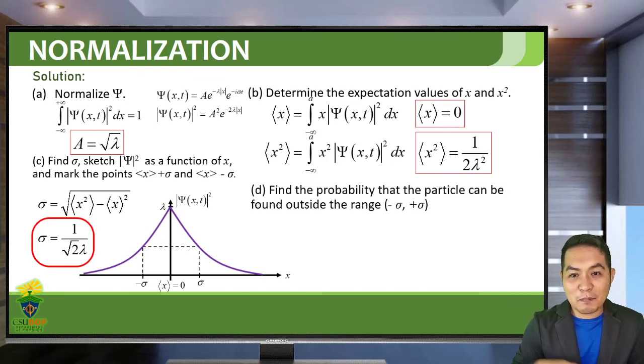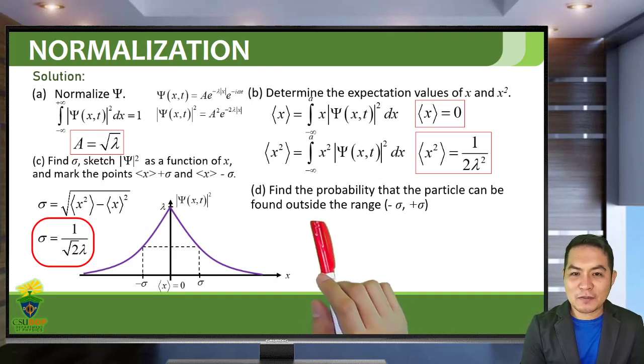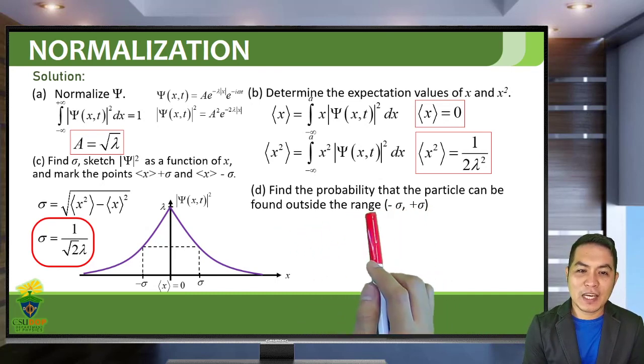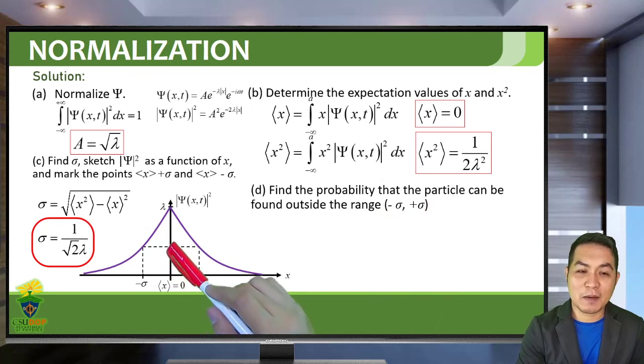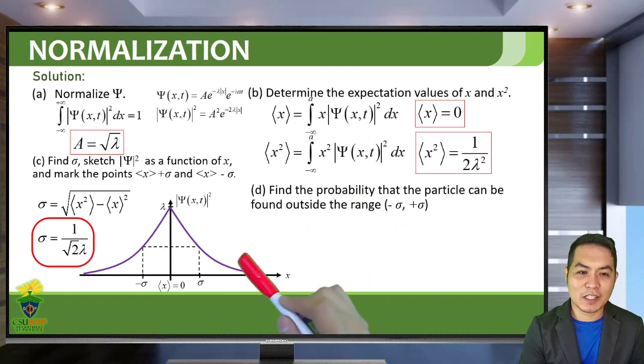In the previous example, you were asked to find the probability of finding the particle within one standard deviation. But here, you are asked to find the probability that the particle can be outside the range, negative sigma to positive sigma.